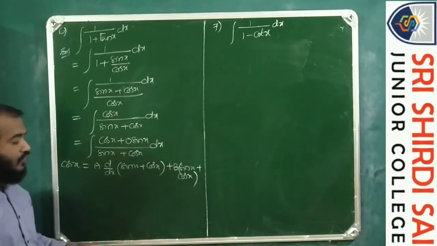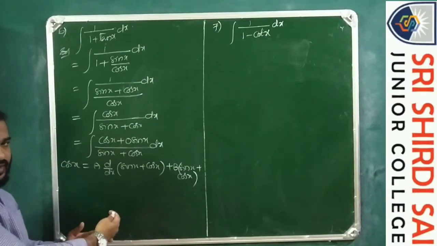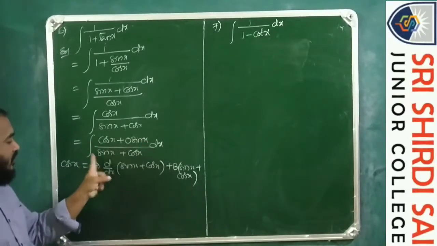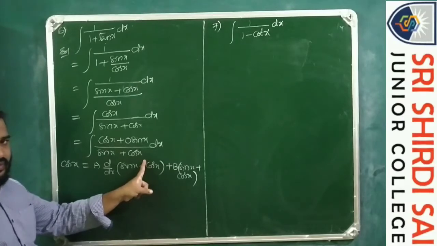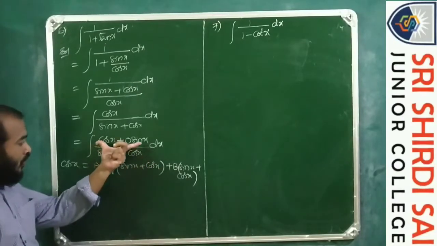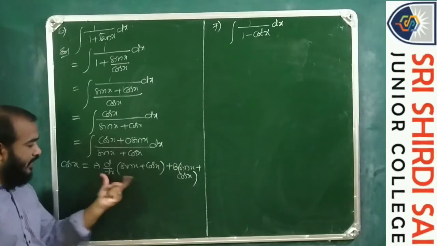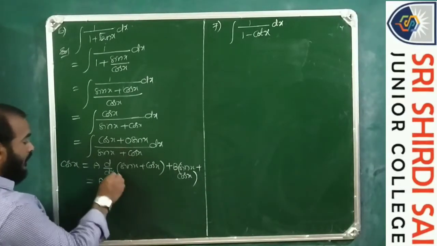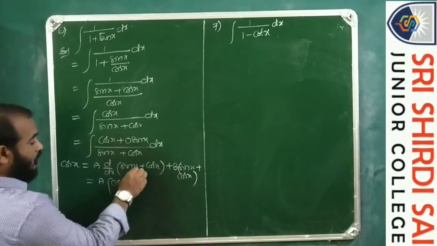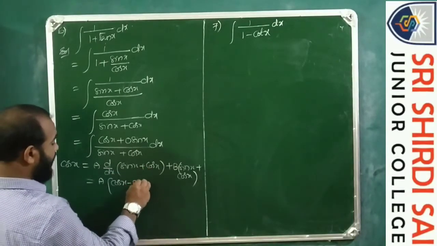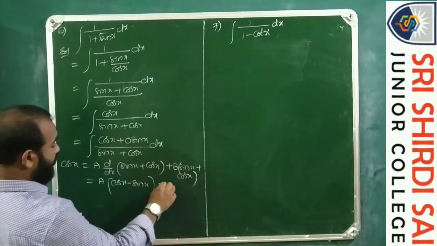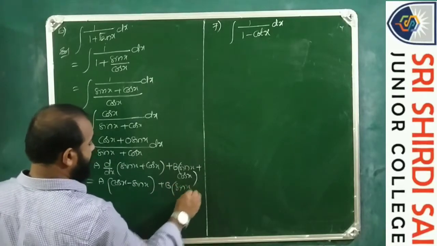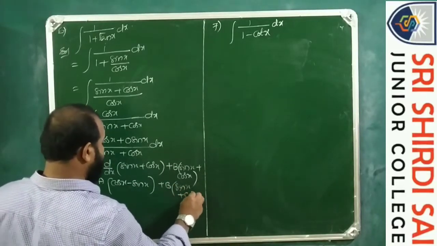We have discussed it before in the methods, lecture number 11, in which integral a cos x plus b sin x by c sin x plus d cos x, the working rule for which is numerator is equal to a into d by dx of denominator plus b into denominator. So this is a into d by dx of sin x is cos x, d by dx of cos x is minus sin x, plus b into sin x plus cos x.